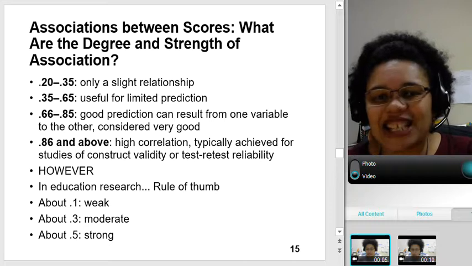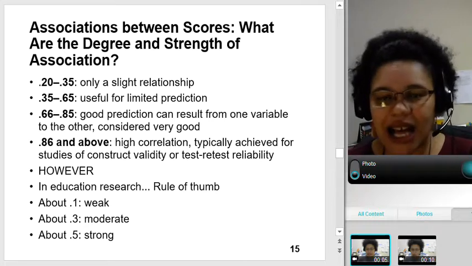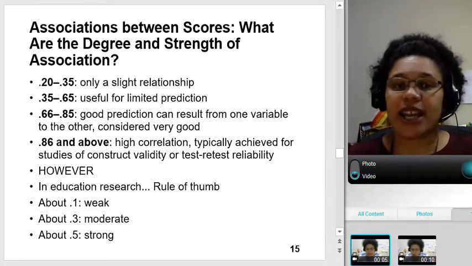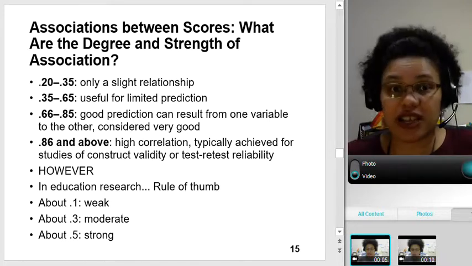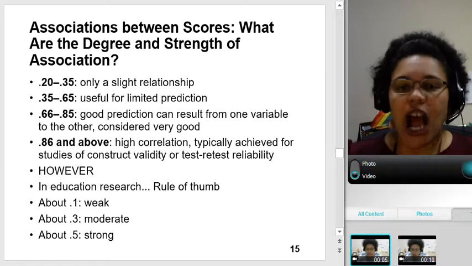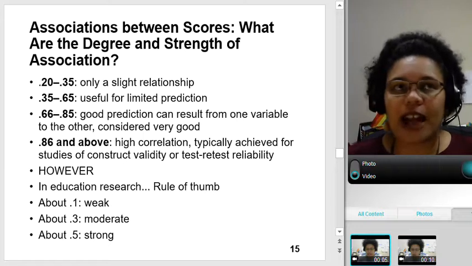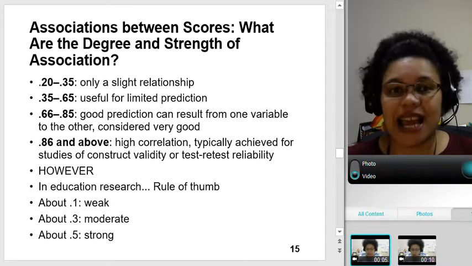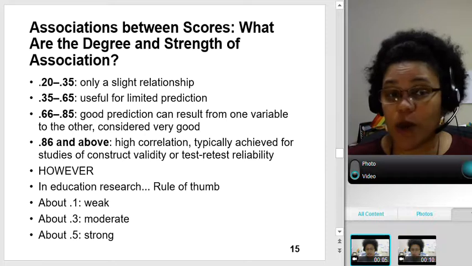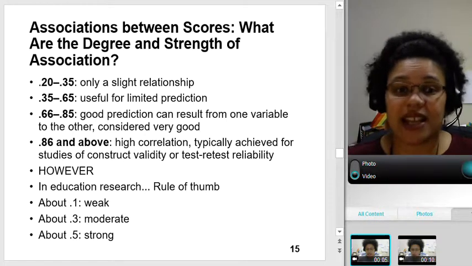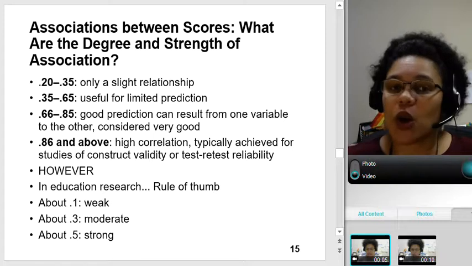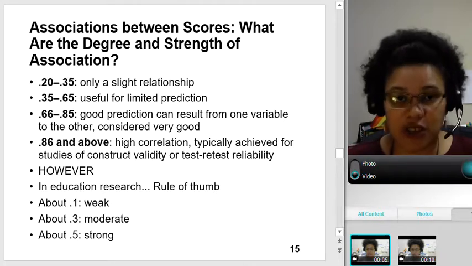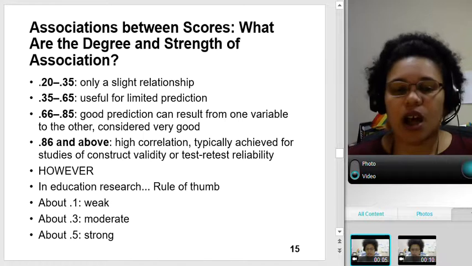In education research, because learning is so complex, and there are so many factors involved in learning, as a rule of thumb, we're not expecting to get super high correlations in the same way that we might in other fields. So around 0.1 is a weak correlation. That's pretty close to 0.